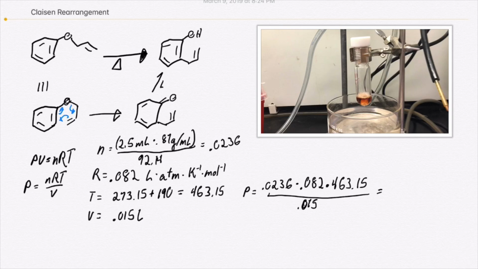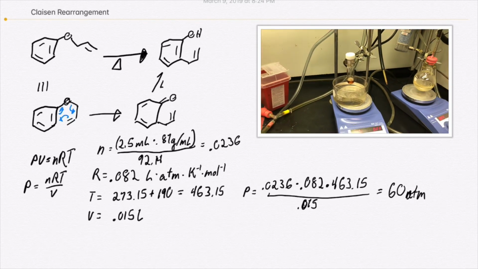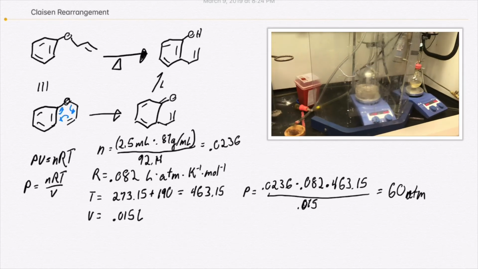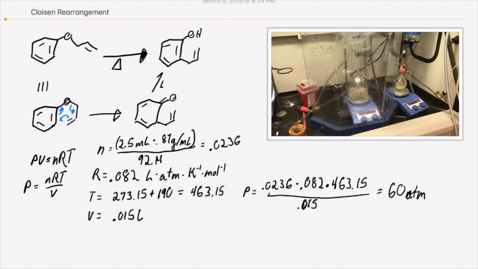And that comes out to just slightly above 60 times atmospheric pressure, which is pretty crazy if you think about it. That's why when we run reactions in a bomb like this, we set up a blast shield around it.